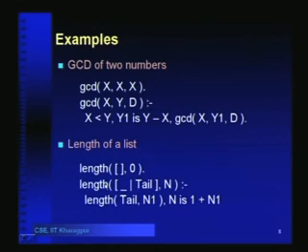So a list which has some head, this underscore here means that it is a wildcard, it could be anything, with a tail, will have size n, provided that the tail has size n1 and n is 1 plus n1. And the length of the empty list is 0, right.